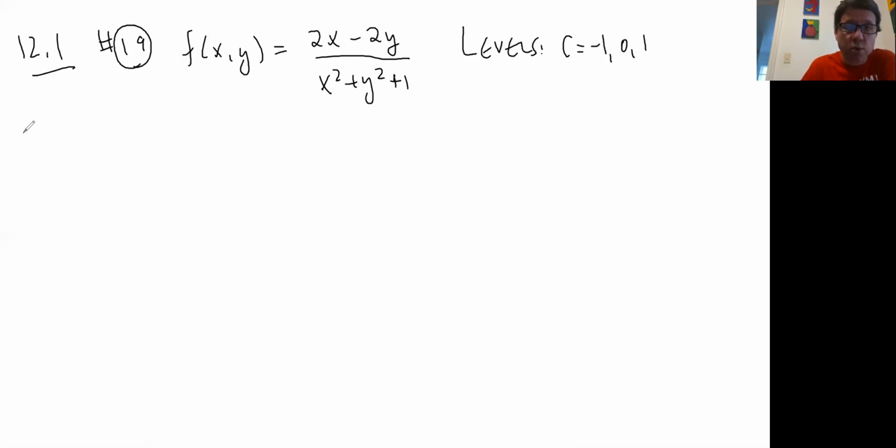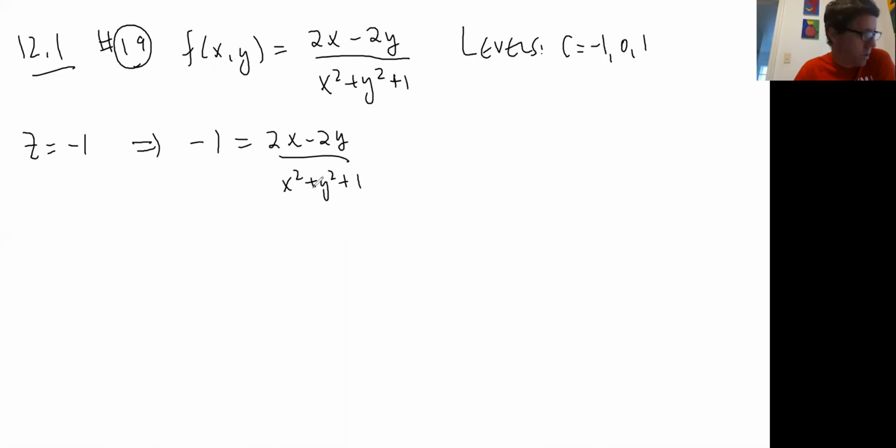So what that means is you just set z equal to -1, z equal to 0, and z equals 1, where you're using f and z interchangeably. So I get -1 equals 2x minus 2y over x squared plus y squared plus 1. And then you just have to unravel out, well, what does that curve look like down in 2D now?